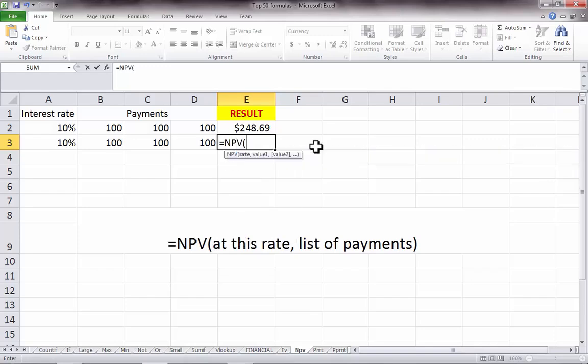So NPV, give it a rate, and then you could pass it this way. Instead of a range, we're passing it, and it gives you $248, which means that these payments in the future would be worth $248 right now, given an interest rate of 10%.